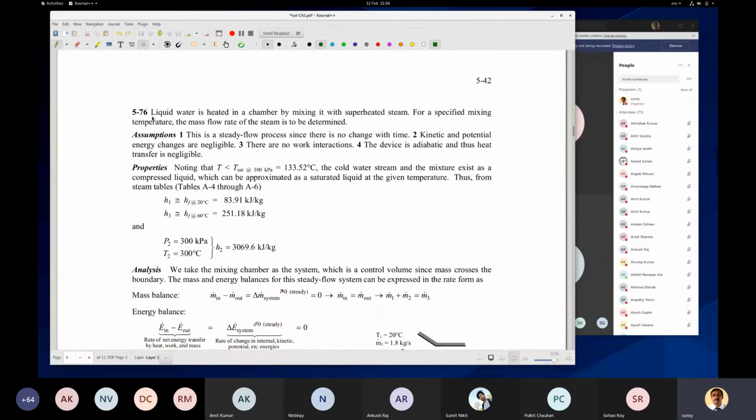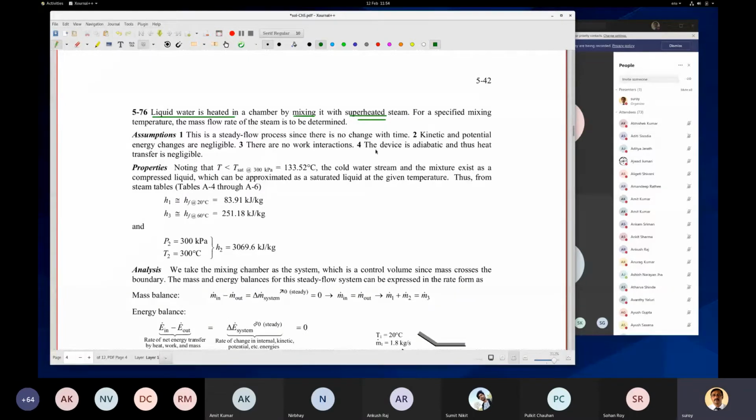So here there's another one: liquid water is heated and mixing is taking place with superheated steam. So you have liquid water and you are injecting superheated steam. The steam will condense and the water temperature will rise. This is the whole idea.